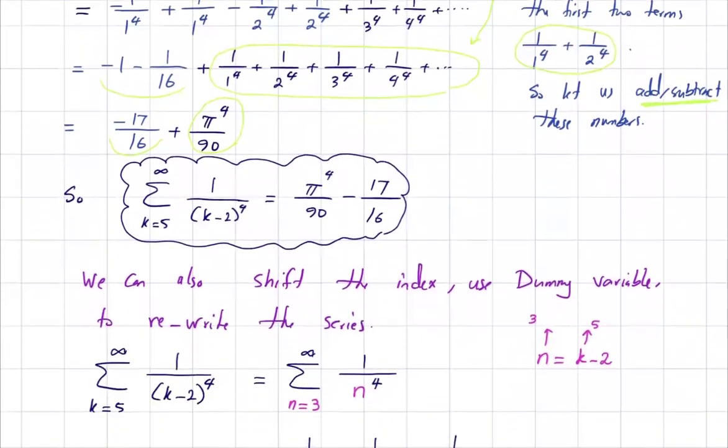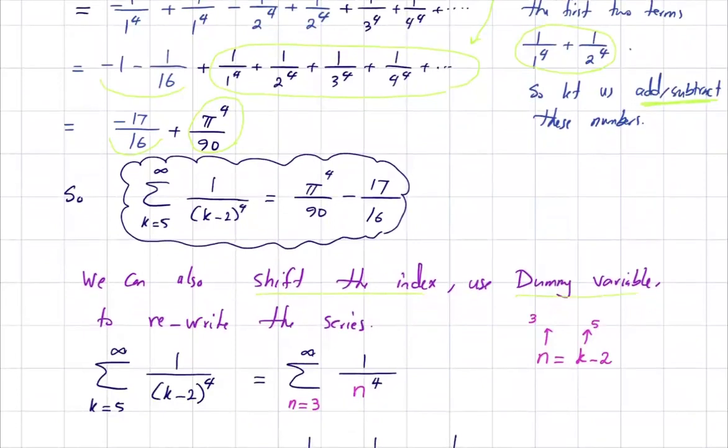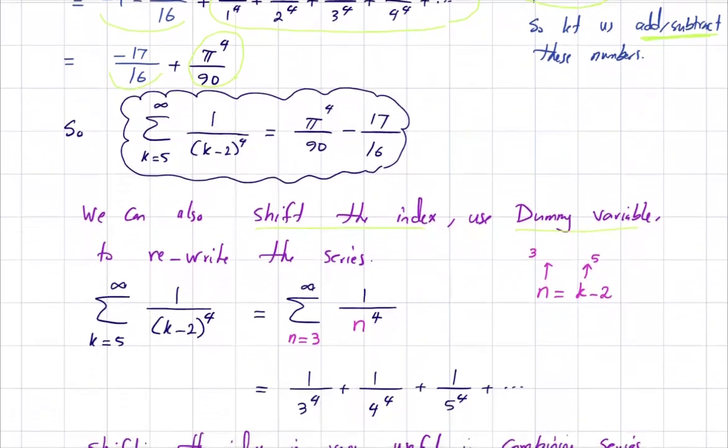You could also shift the index using dummy variables to rewrite your series into a nicer, more compact version. Instead of k minus 2, I'm using a dummy variable n. Since k starts at 5, 5 minus 2 is 3, so n starts at 3.